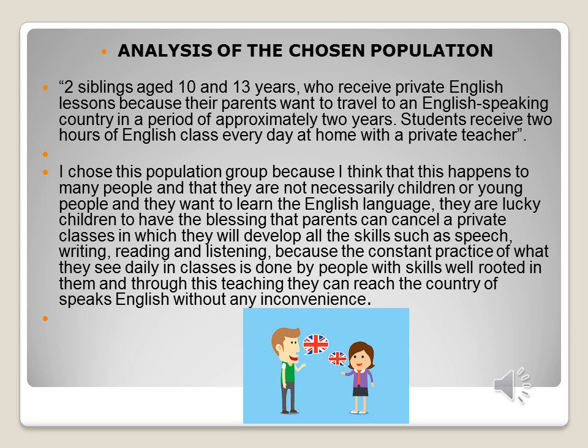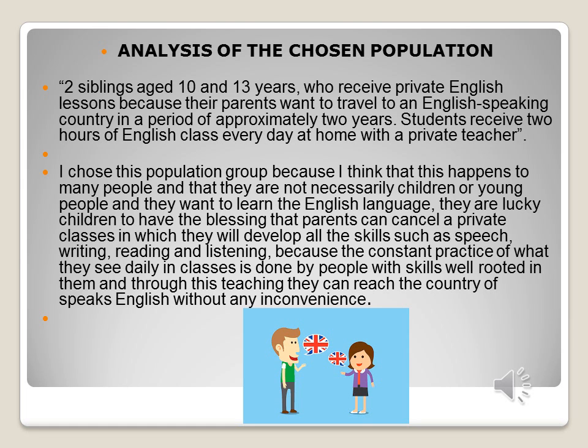Analysis of the chosen population: siblings aged 10 and 13 years will receive private English lessons because their parents want to travel to an English-speaking country in approximately 2 years.